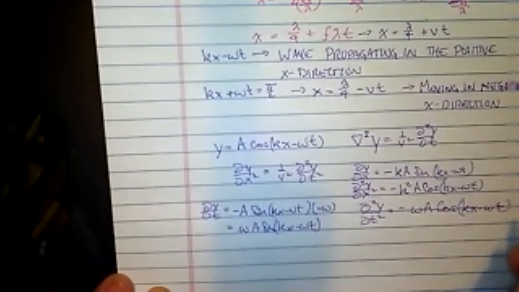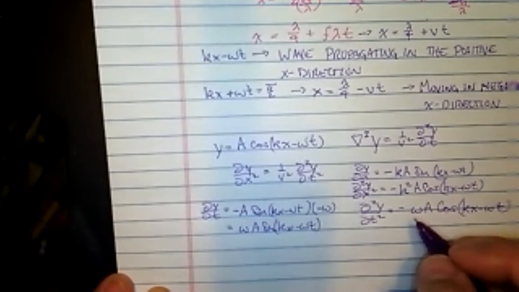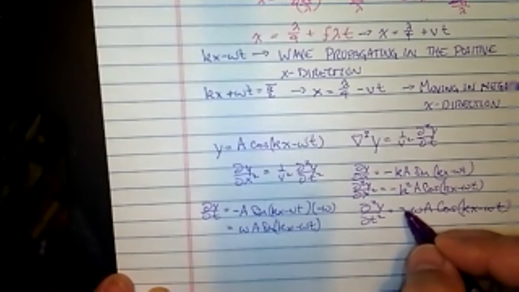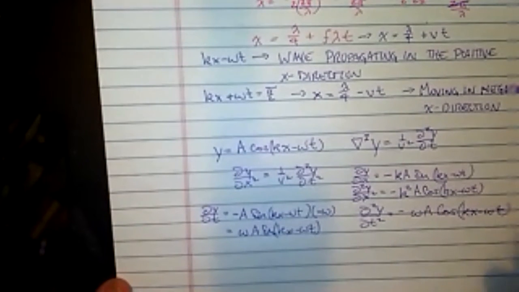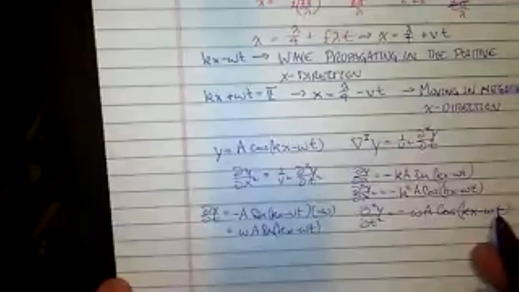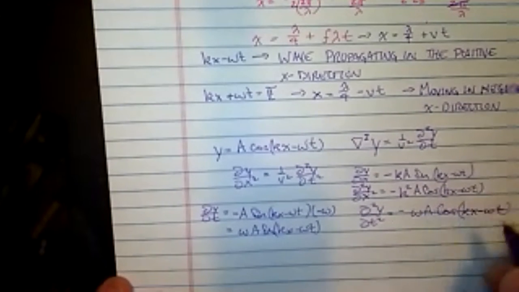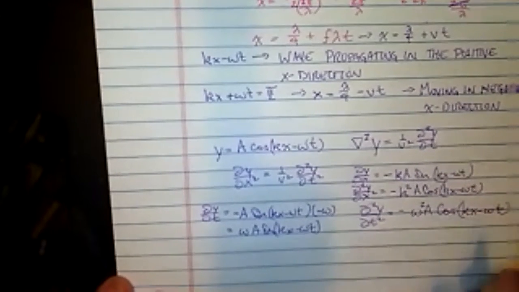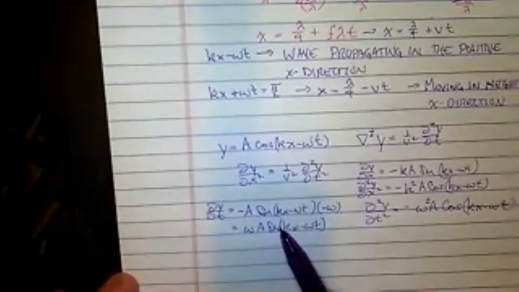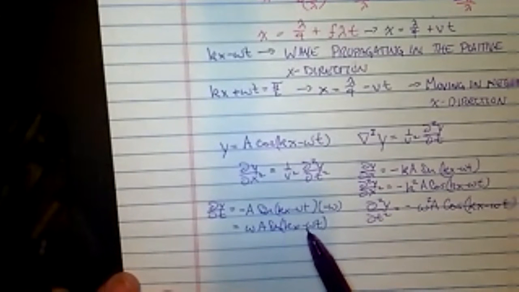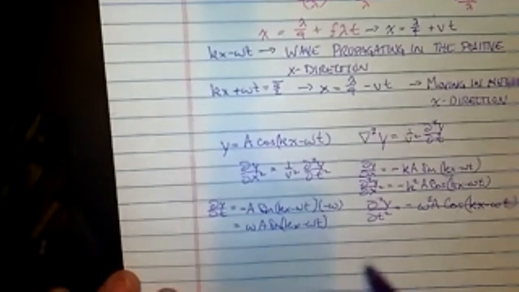Now the derivative of u with respect to t is negative omega, so this one should actually come out to be a negative omega squared. Basically I took the derivative of sine, that gave me cosine, then I had to multiply it by negative omega. That's where the negative came from.